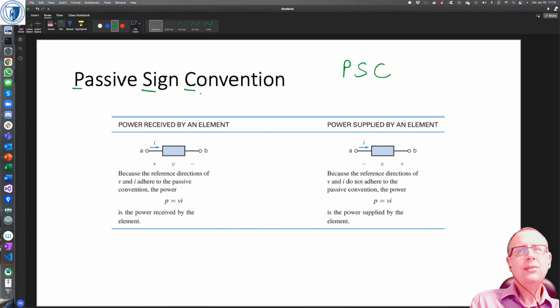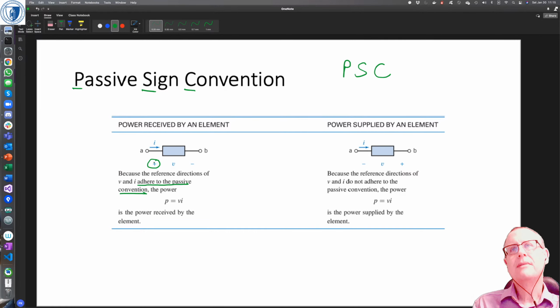A passive device, that is in this class a resistor, a capacitor, or an inductor, is said to adhere to the passive sign convention if the current flows into the positive side.